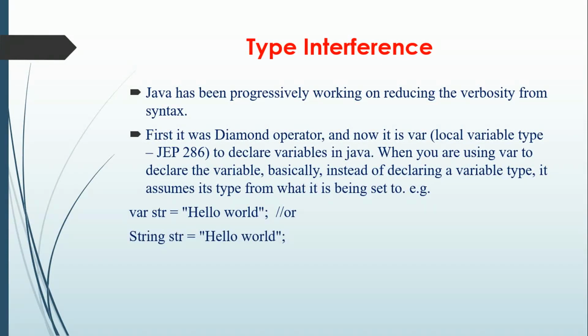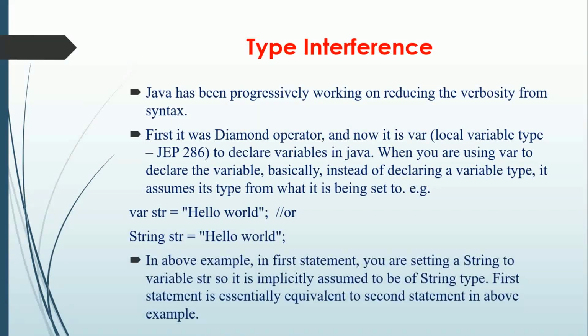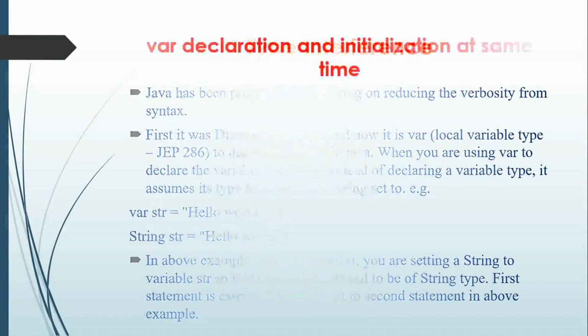So we can also write String str = "hello world". In the first statement, you are setting a string to variable str, so it is implicitly assumed to be of String type. The first statement is essentially equivalent to the second statement in the above example.